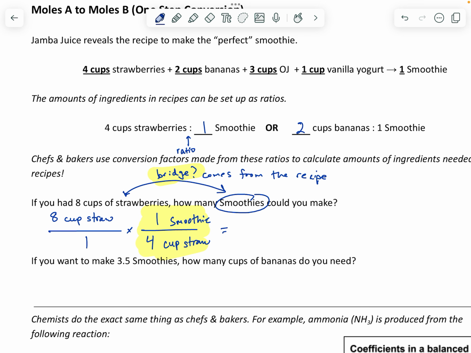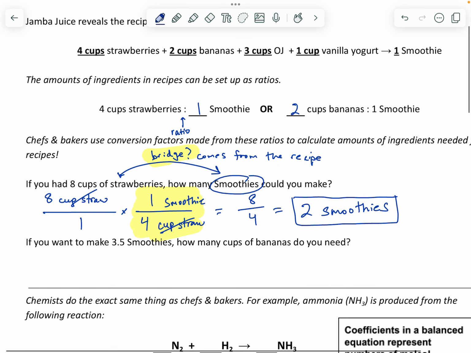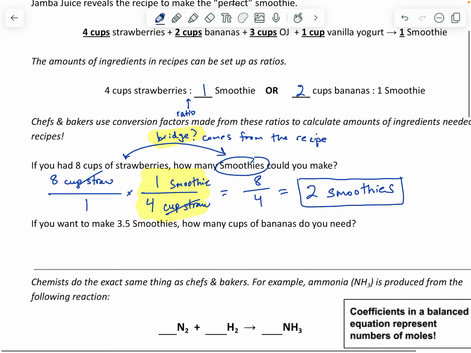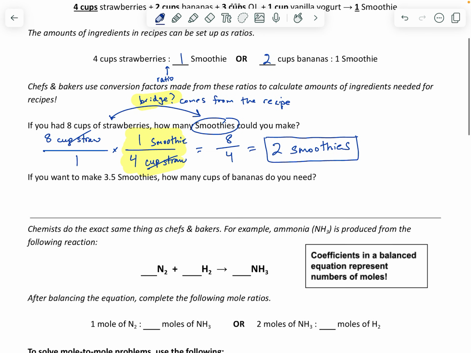So 8 cups of strawberries, 8 divided by 4, produces 2 smoothies. Of course, we are assuming that we would have the correct amount of all of the other ingredients to get to that point. We'll talk about that a little bit later this unit, but for now, just being able to go from one thing to another is what we're worried about here.